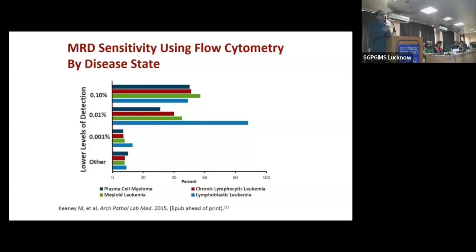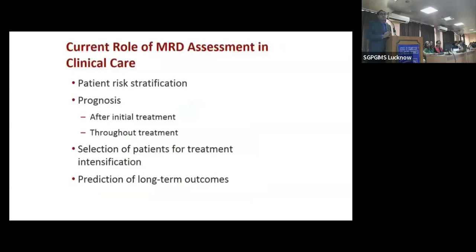Basically, the main reason is that the maturation pattern of precursor B lymphocytes is so well defined that you can easily identify the neoplastic clone from the normal population, and that's why ALL MRD gained significance. But now, as we advance, we have well-established myeloma MRD also, CLL MRD also, and AML MRD also. Next.